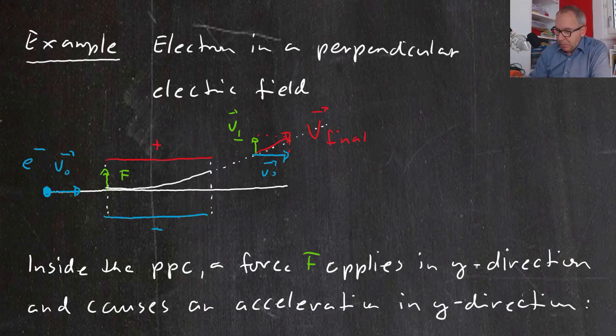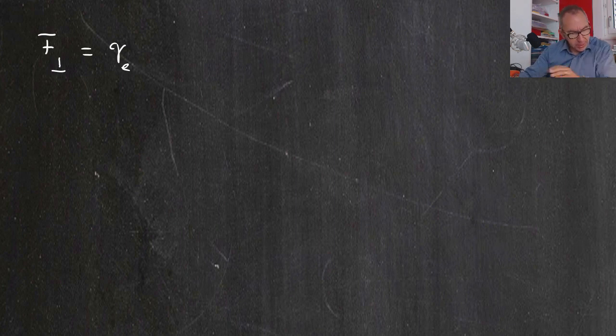Inside the parallel plate capacitor, a force F applies in y direction and causes an acceleration in y direction. Mathematically, the force in y direction, or in perpendicular direction, is given as the charge, which here is the charge of the electron, times the electric field.